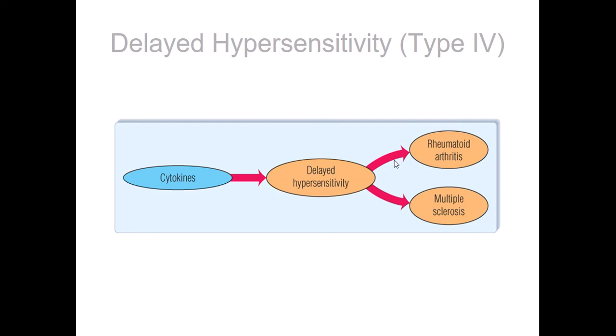You should know the pathogenesis involved in these delayed type hypersensitivity reactions and the cytokine networks that play a role in those diseases. Rheumatoid arthritis and multiple sclerosis are crippling diseases if they are not treated early.